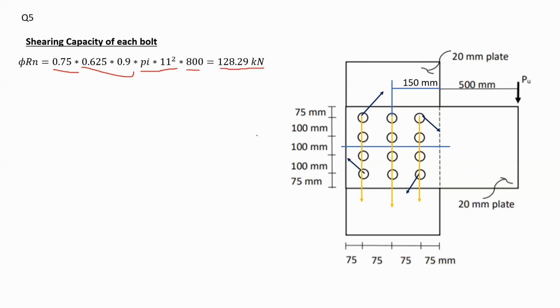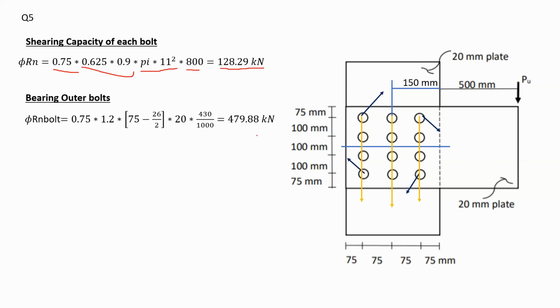Now I have to check the bearing of outer bolts. So that's the thing we have to consider in here, LC, the clear distance. As you can see, the distance in between from here to there, 75 minus 26/2, that would give me LC, clear distance, multiplied by the thickness of the plate.